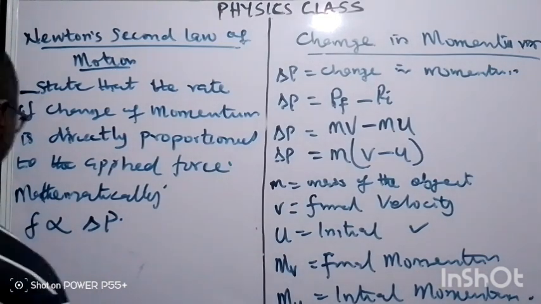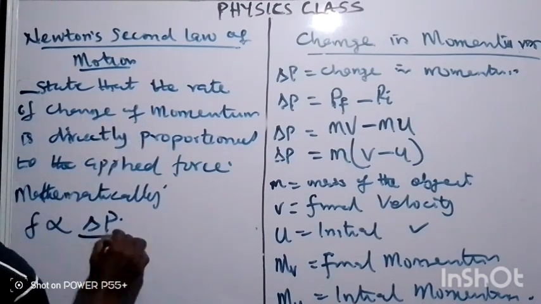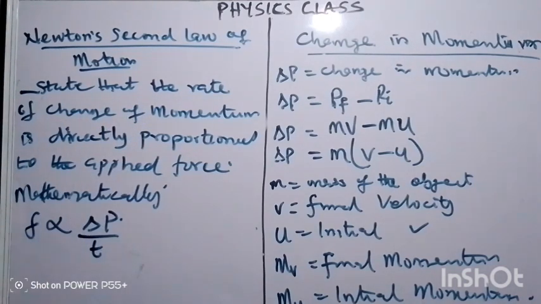But according to the statement, it is the rate, so over t, because, as I said the other time, when you say rate, time is inclusive. The rate of change of momentum is directly proportional to the applied force. So this will now give, for k a constant, F equals k delta P over t.